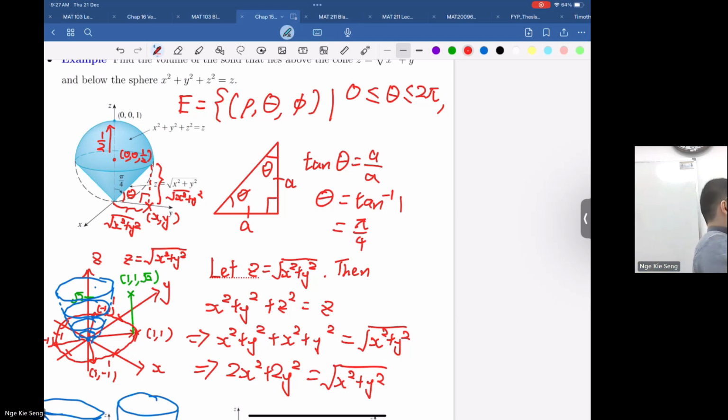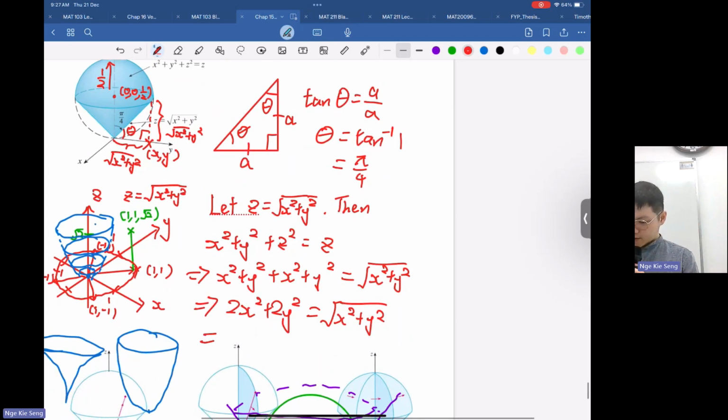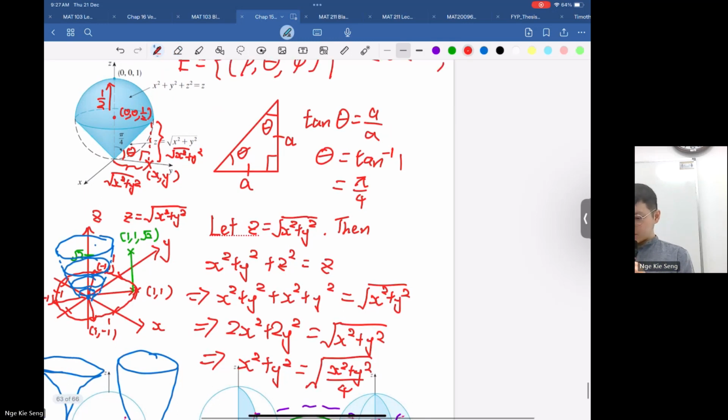Or we can turn this two onto the other side. What is this?